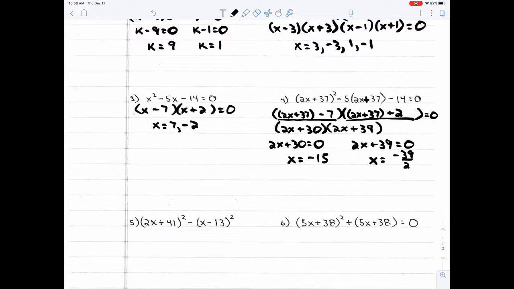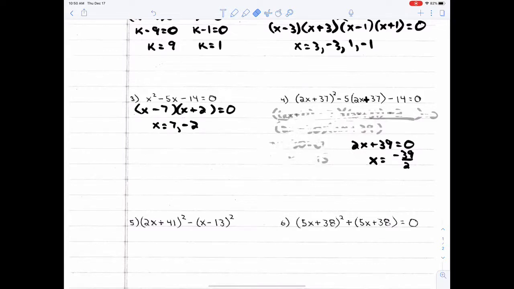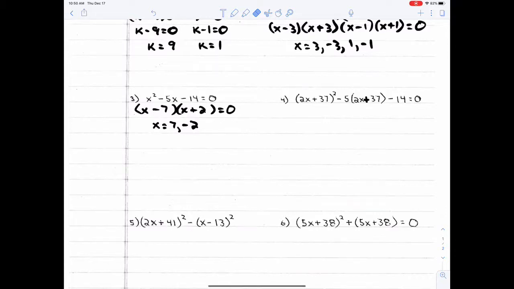Now, let me show you the way to do it using the method that I talked about above in number 2. Okay. This thing right here is the square of that. Sorry, I apologize.